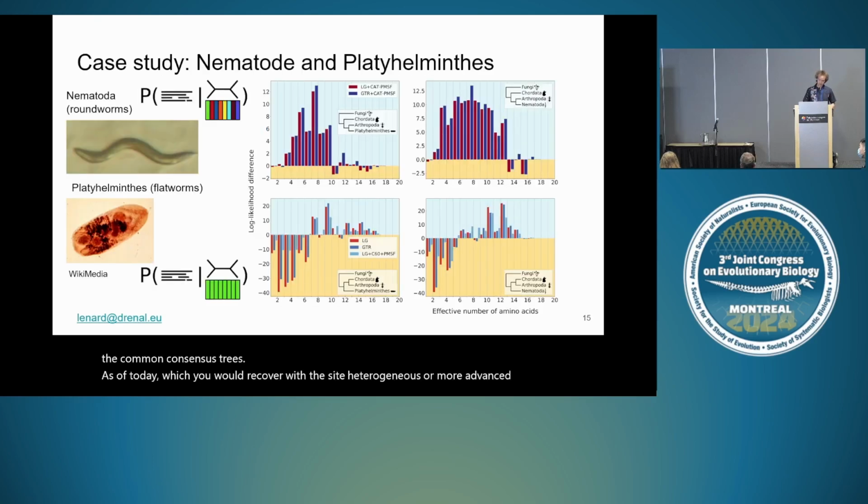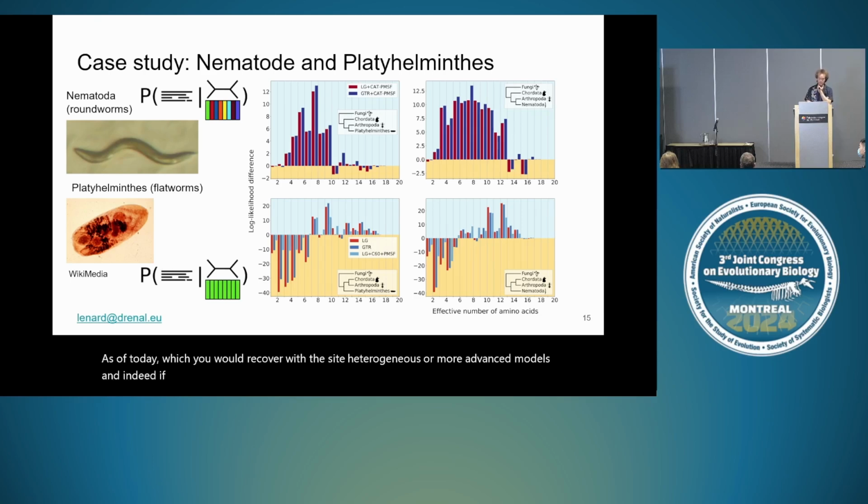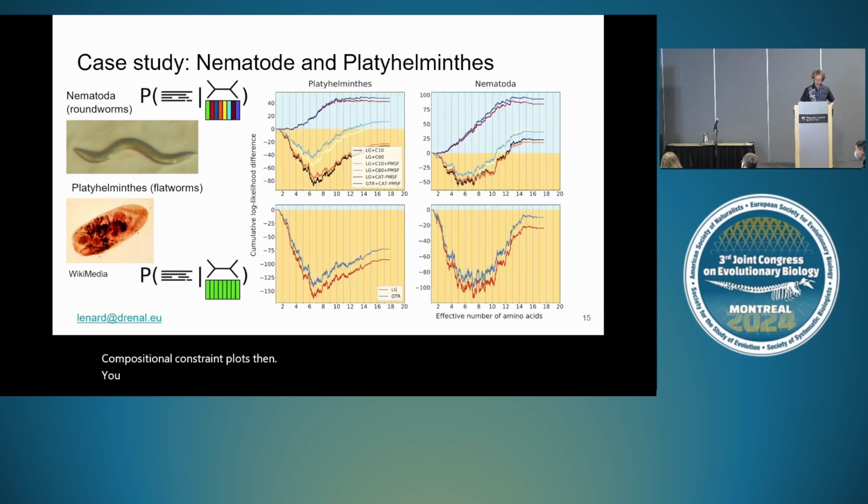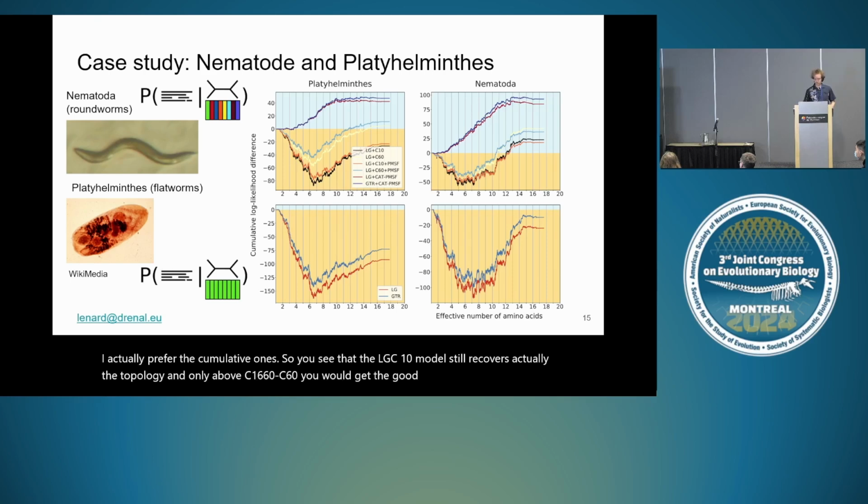And indeed, if you check the compositional constraint plots, I actually prefer the cumulative ones, you see that the LG C10 model still recovers the wrong topology, and only above C60 you would get the good one for platyhelminths.